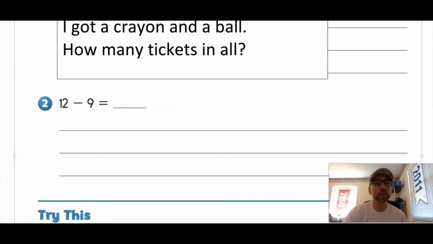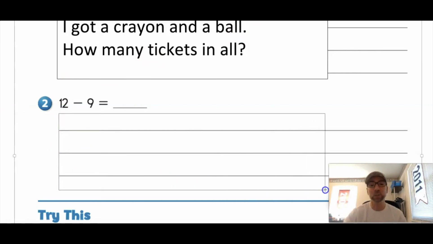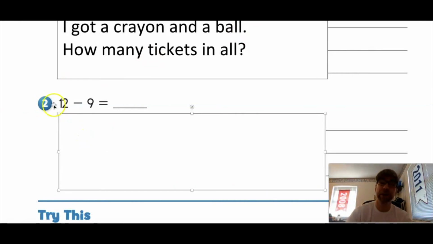So this time our story's going to be a little bit different. We're going to start with 12. So let's write this story down in our journal for number 2. I have 12 tickets.